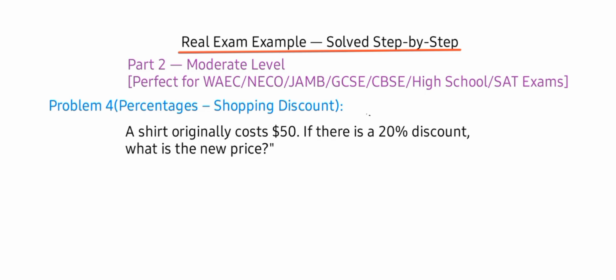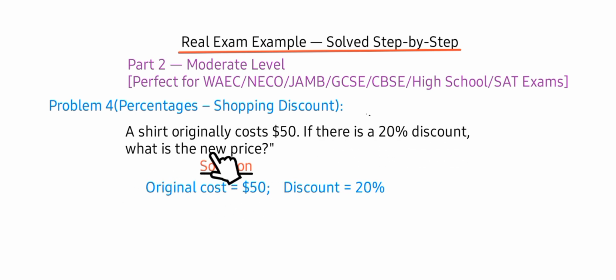Let's look at this challenge. A shirt originally cost $50. That original cost is $50. If there is a 20% discount, what is the new price? 20% of $50 is 20 divided by 100. 0 at the numerator, eliminate the 0 here, while 0 at the denominator, eliminate the 0 here.